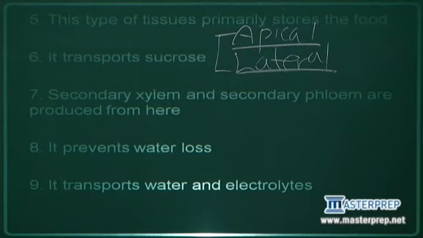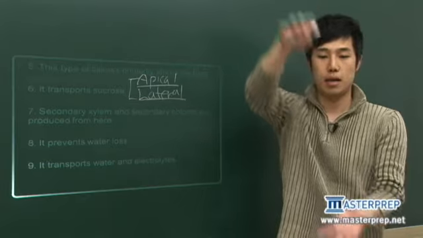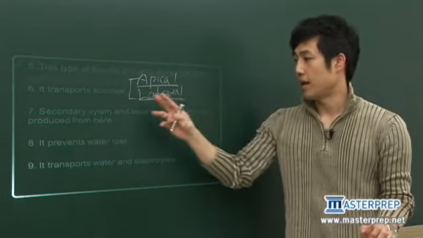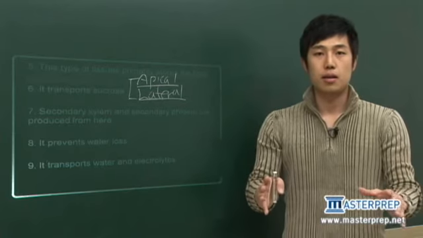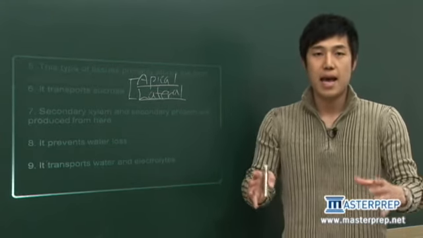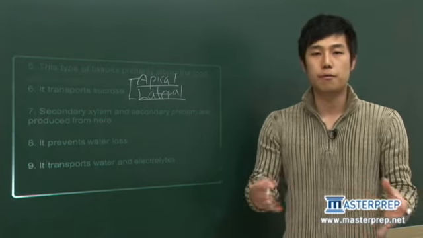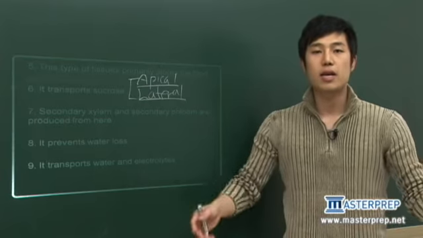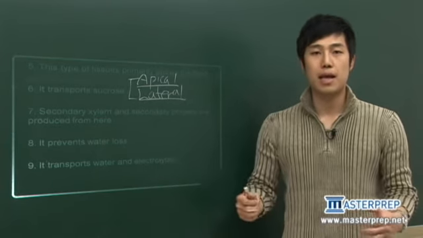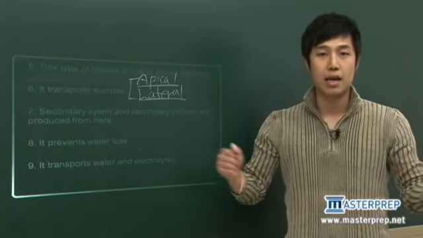Apical meristem is responsible for primary growth. That means growth in length, right? Like stem elongation or the root projections. And lateral meristem is referring to vascular cambium. So vascular cambium, as they make secondary or tertiary, quaternary, different phloem and xylems, they grow in their diameters. So that's why it's called lateral meristem, and that is responsible for secondary growth in diameter, okay?